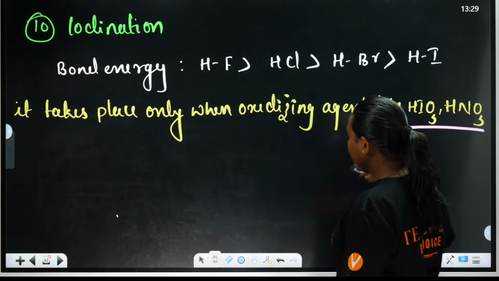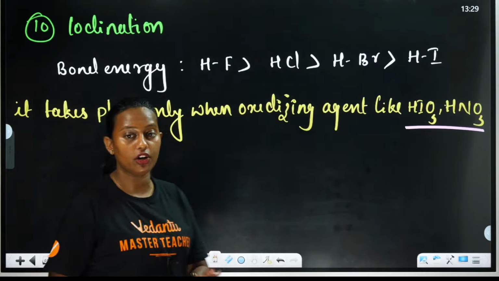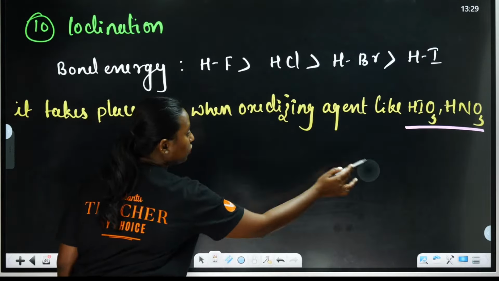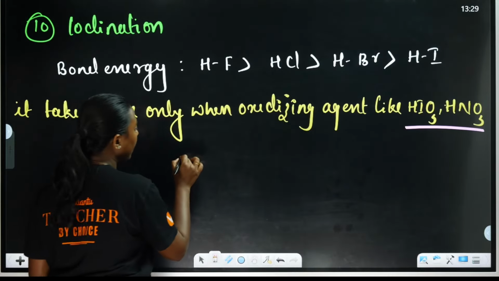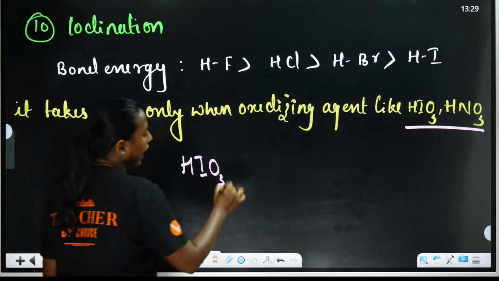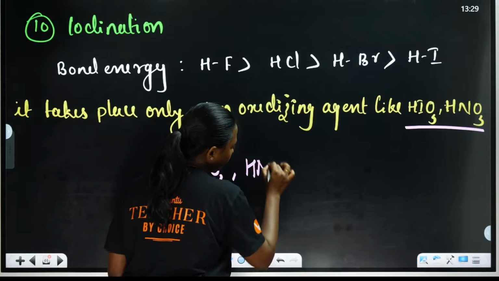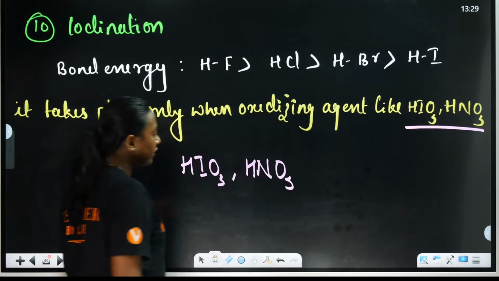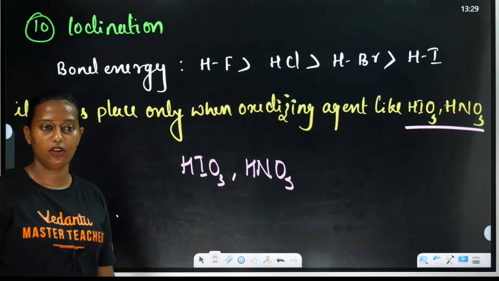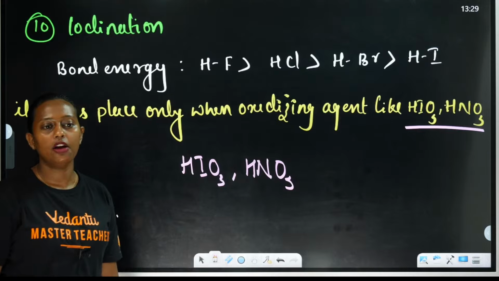If we are using oxidizing agents like HIO3 and HNO3, then iodination will happen.